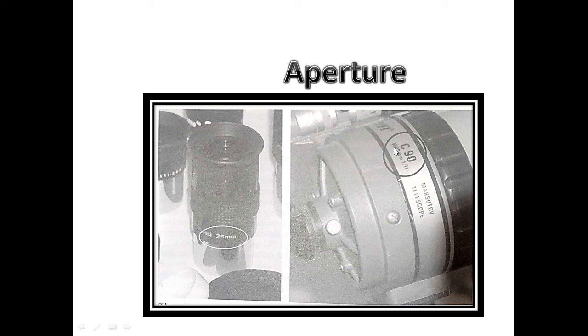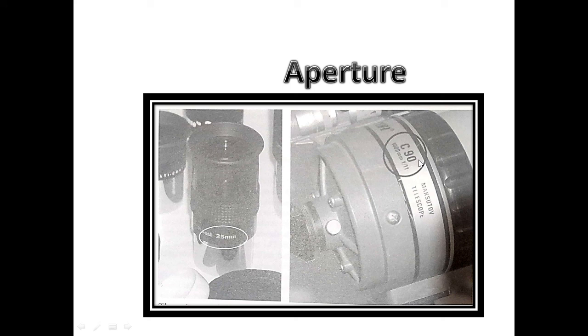It is important that you should know the aperture of your telescope. 90 millimeter, as you can see, the focal length f by 11, that means 1000 by 90.